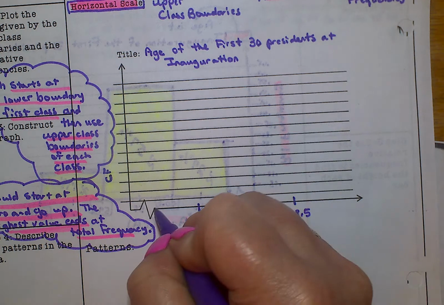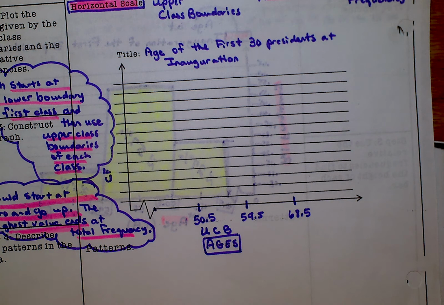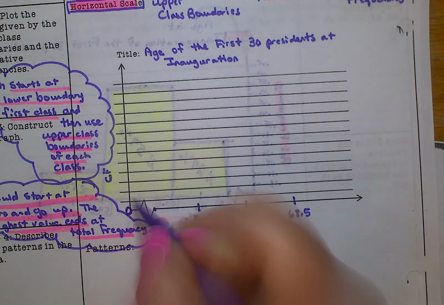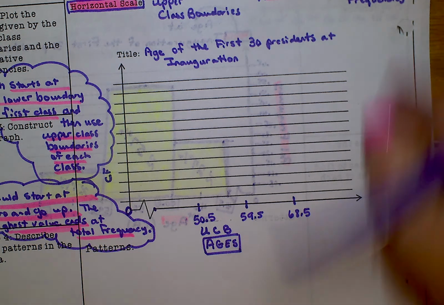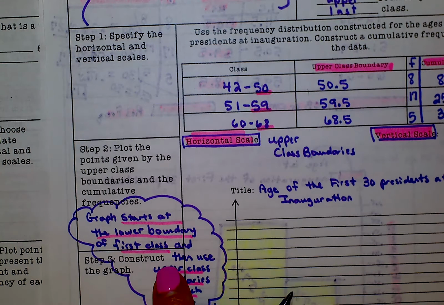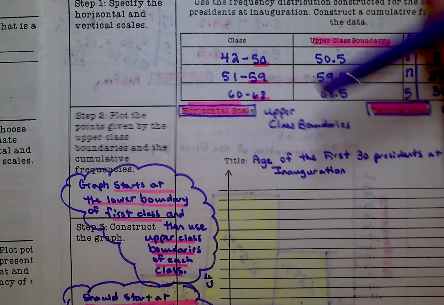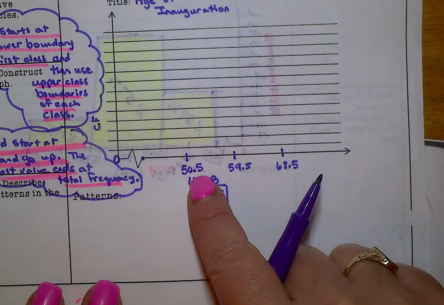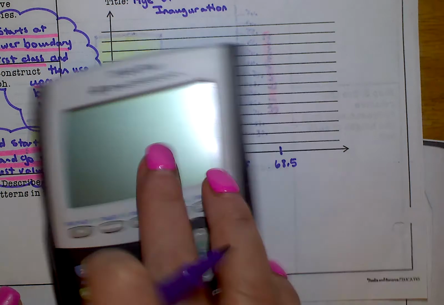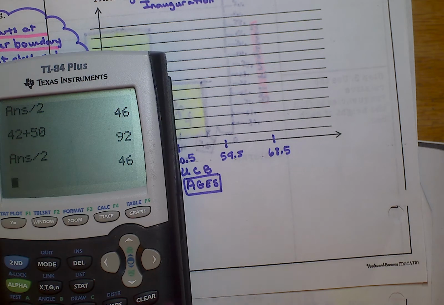Now, notice that I need a point right here, okay? What you have to do to get that point is make sure this stuff is going in the correct pattern. Remember, 0 is there. Each of these we're going by the number 9. So when it says the graph starts at the lower boundary of the first class, all you have to do is remember to take 50.5 and subtract the pattern, which is 9 because you're going backwards.